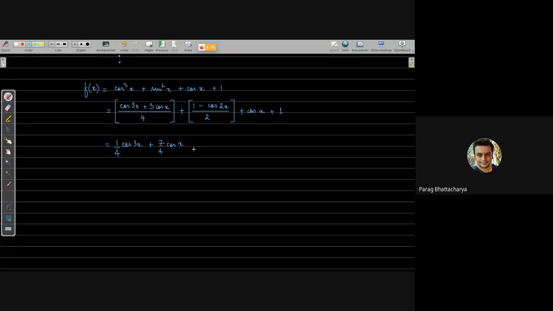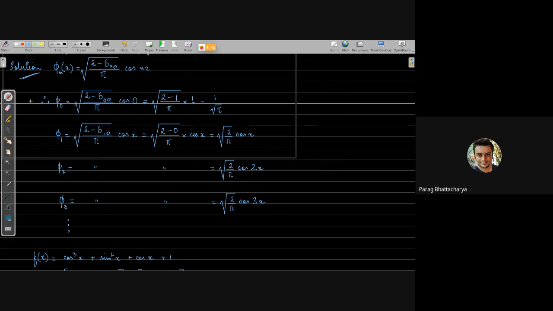Then here we'll get a minus half cos 2x. Did we miss anything? This is done, this is done, this is done. Then we have 1 by 2 plus 1, that is going to give us 3 by 2. Is that clear?